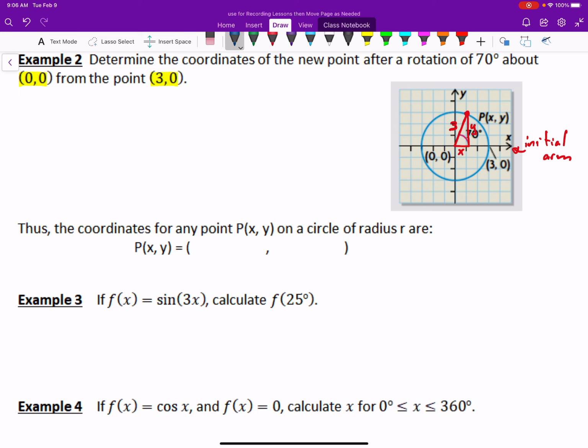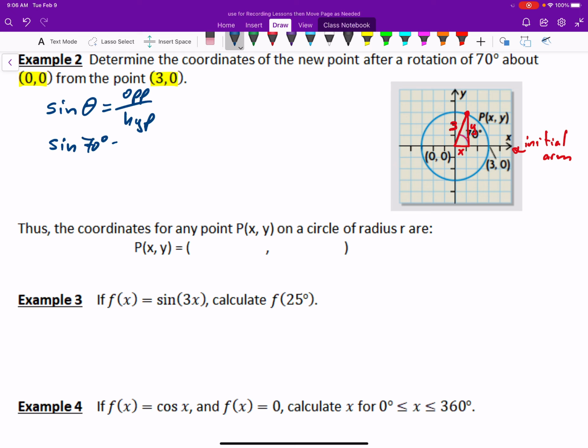If I wanted to find out, let's start with sine, okay? Because we usually start with sine. So we know that sine theta, if theta is just an angle, is equal to opposite over hypotenuse. If I fill in some specifics that I know for this triangle, I know that theta is 70 degrees.